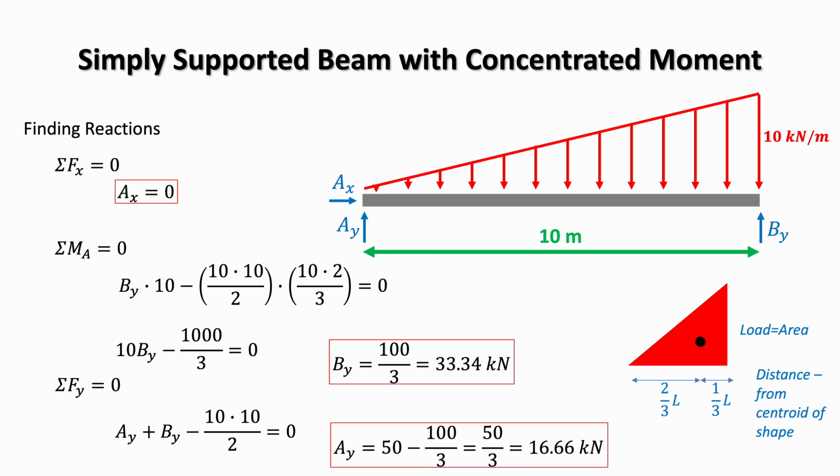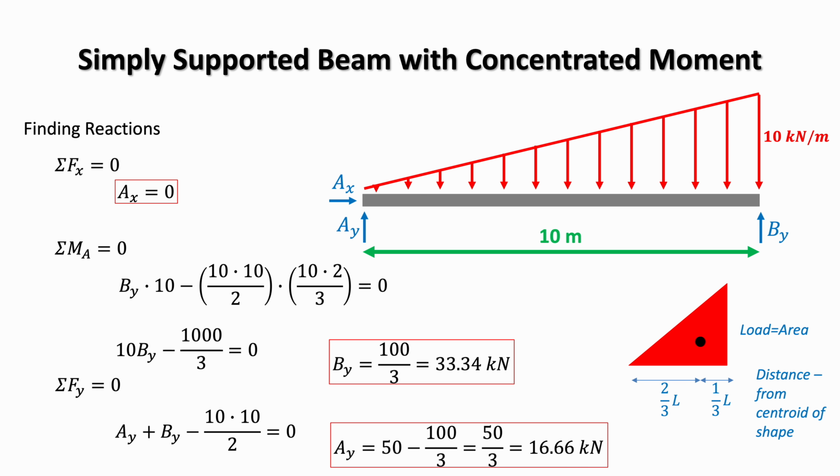That is the distance from the centroid of the triangular shape to point A. And that has to equal 0. Simplifying and solving will give us that By is approximately 33.34 kilonewtons. And finally, we can apply vertical equilibrium, so the sum of all the vertical forces must balance out.